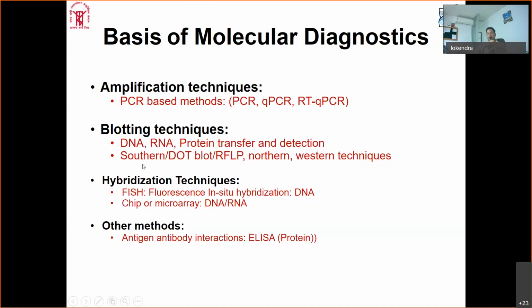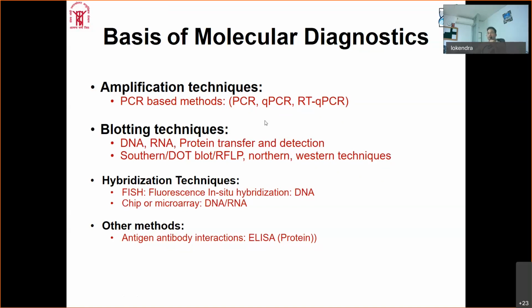So Southern blotting, dot blotting, or RFLP, restriction fragment length polymorphism, Northern blotting for RNA, and Western blotting for protein detection. Basically, you are transferring your molecule to a solid support or matrix, fixing it, and then eventually identifying it with a known probe to see whether it is present or not.